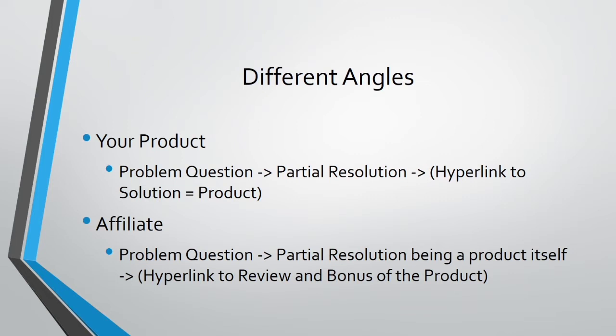But to get better, higher conversions, what you might want to do is problem question, partial resolution being a product itself, and then maybe a hyperlink to the review and bonus of the product.